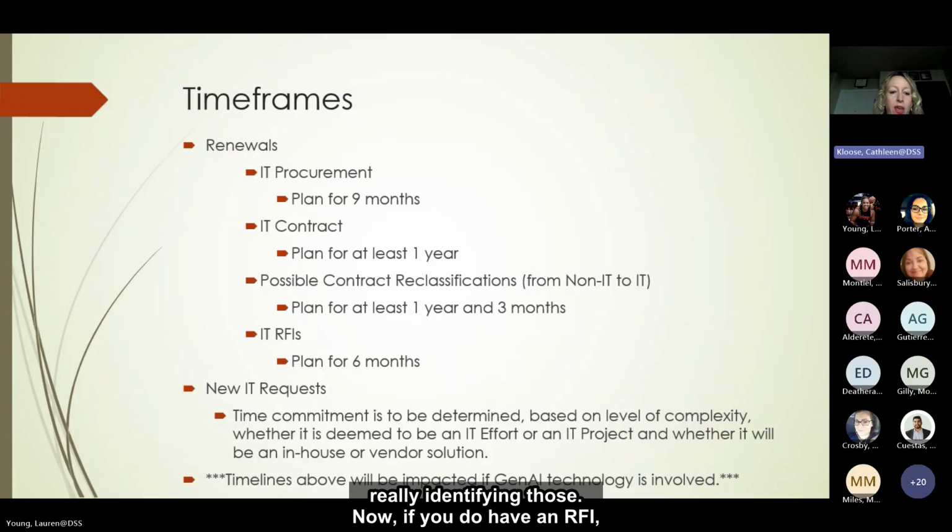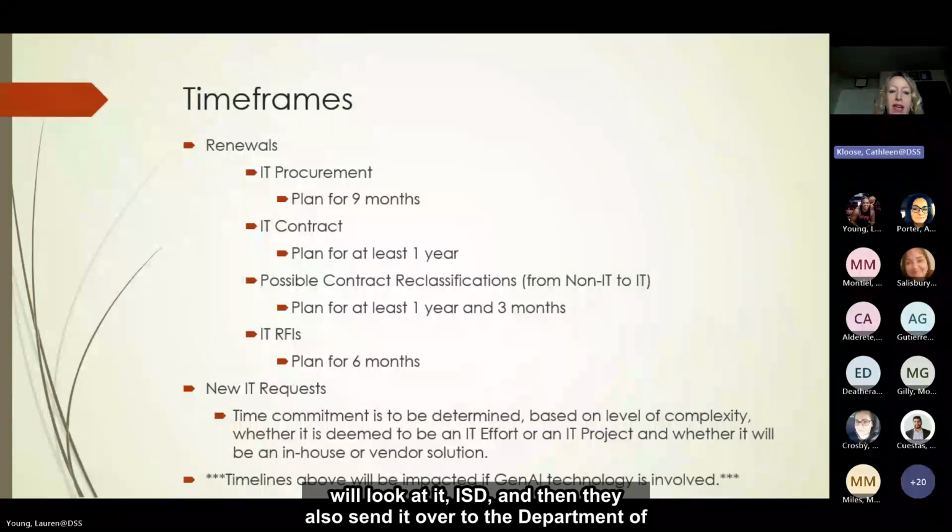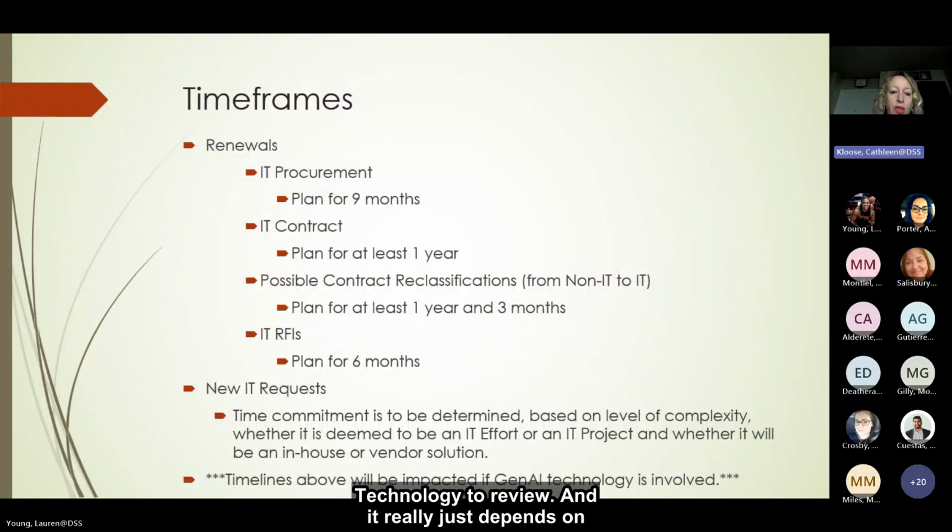And really identifying those. Now, if you do have an RFI, which happens on a rare instance, we want to plan on at least 6 months for those. The reason is that it has to go through multiple hands before it is posted, because IT contracts will look at it, ISD, and then they also send it over to the Department of Technology to review.